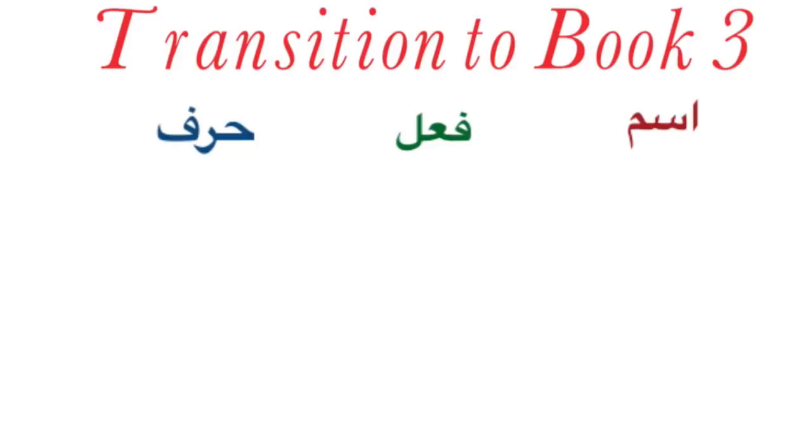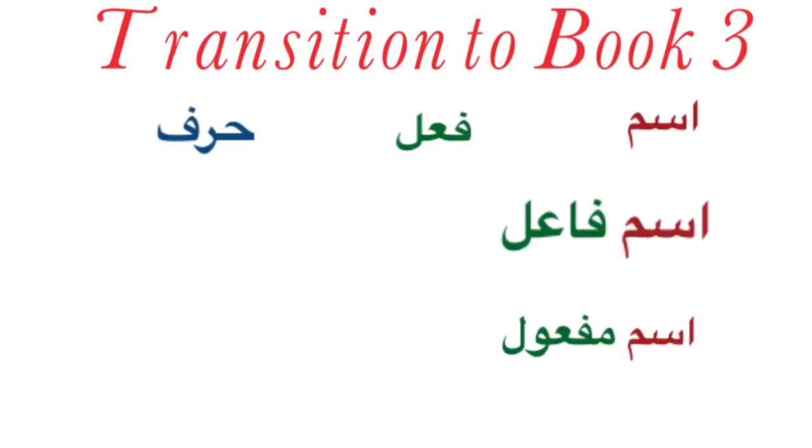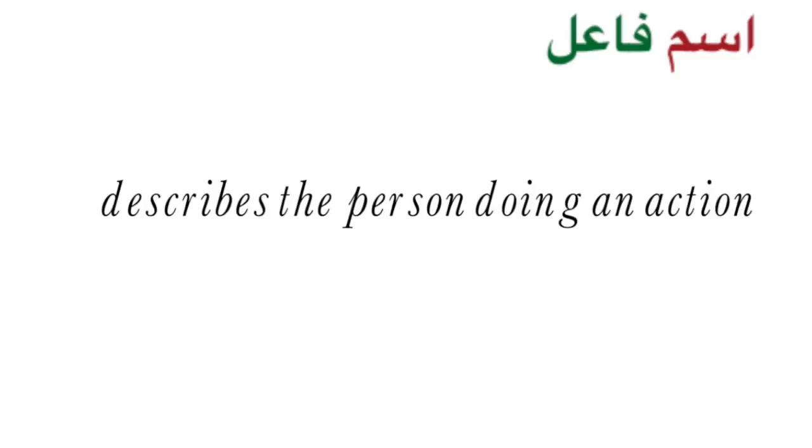So inshaAllah, in today's class we're going to learn the concepts of ism fa'il, ism maf'ul, ism zaman and ism makan. So what is ism fa'il? Just a brief introduction, not in great detail. It describes the person doing an action.